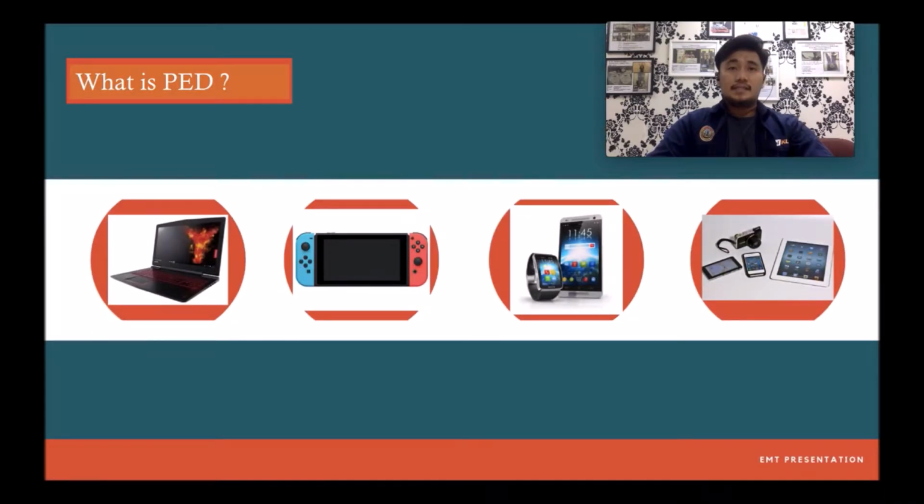What is a PED? PED is a portable electronic device, which includes any kind of electronic device brought on board the aircraft by a passenger, such as a tablet, a laptop, a smartphone, an e-reader, or even an MP3 player.